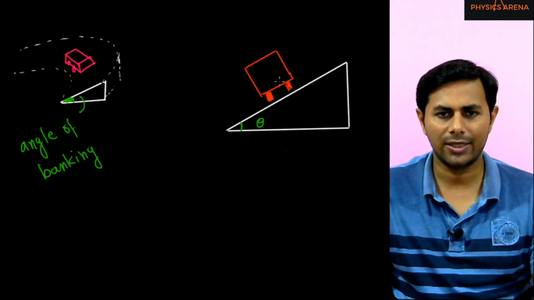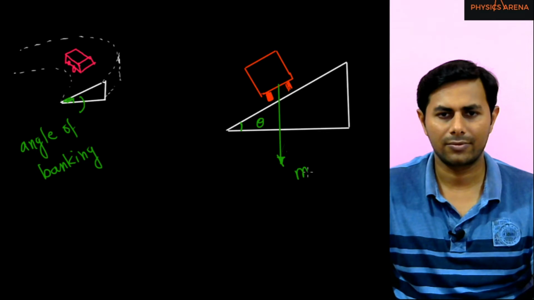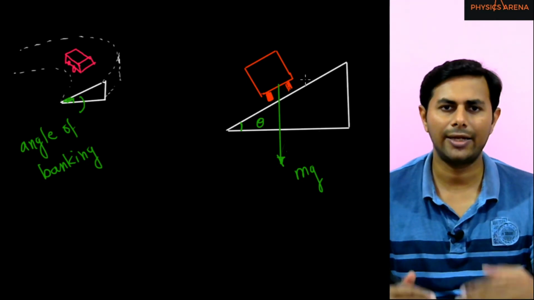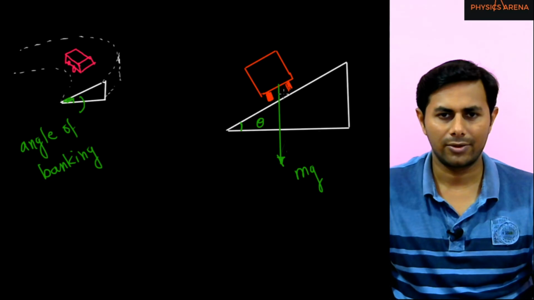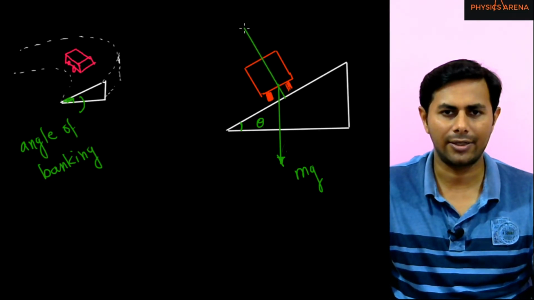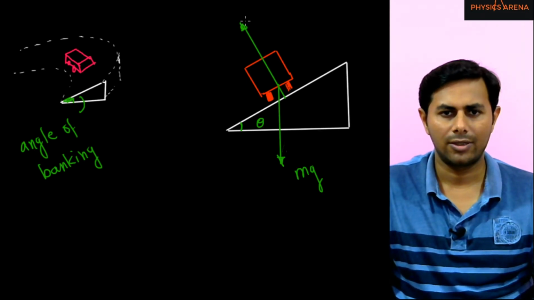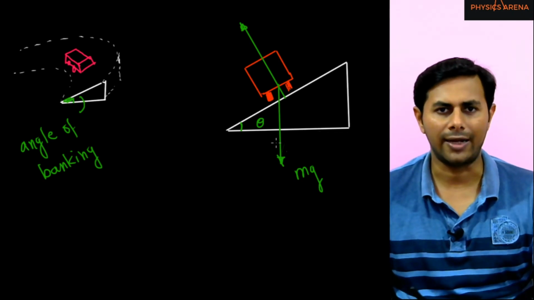So obvious forces are the gravitational force acting vertically downwards, mg, and the force due to this road surface which acts perpendicular to the road surface, the normal reaction. So in this case it will act in this direction like this. Now question is, in what direction the static friction will act?